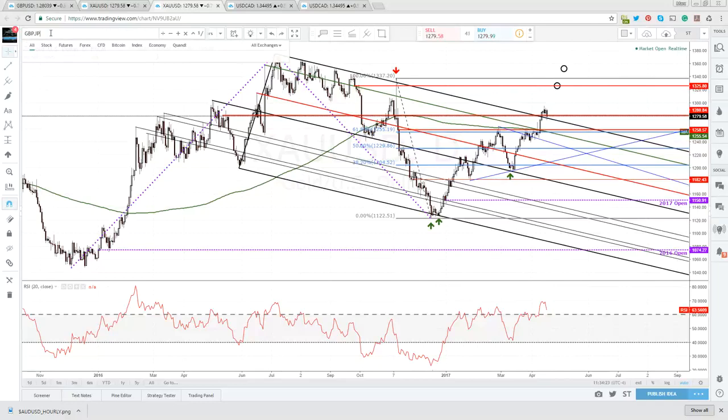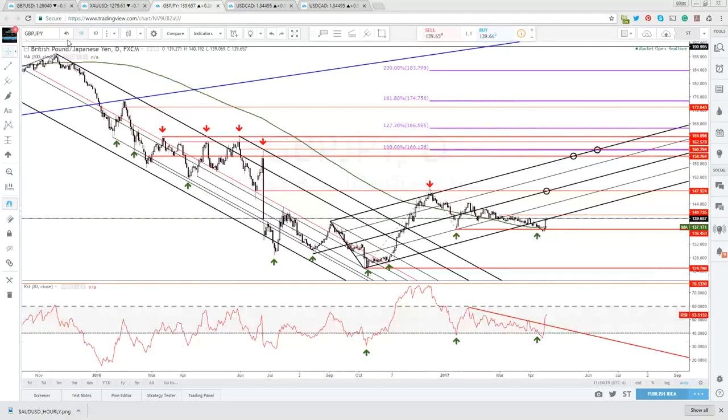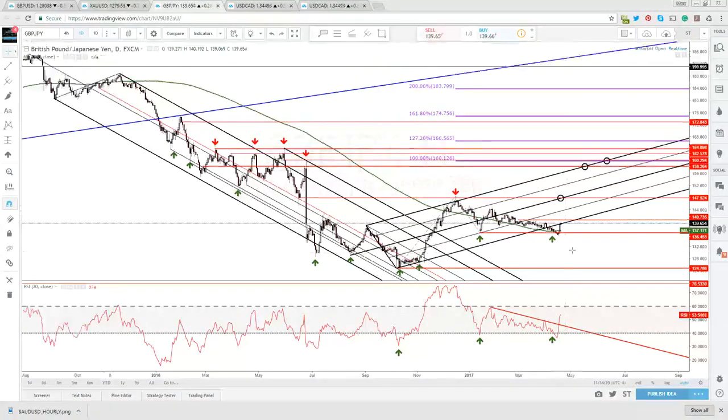Let me quickly go to pound yen too. Pound yen, very important spot right here. Obviously, horizontal resistance, lower parallel of the fork, which has been really good at defining price and levels over the past 9 months.